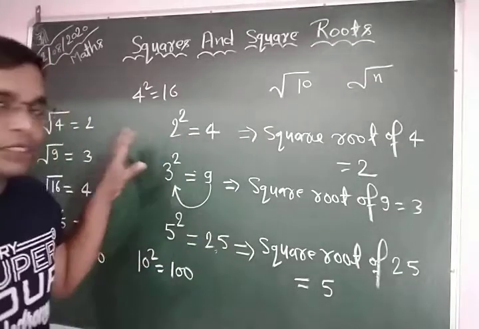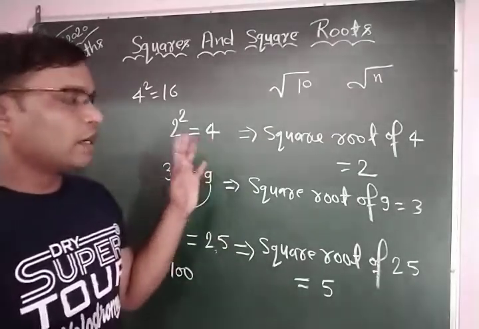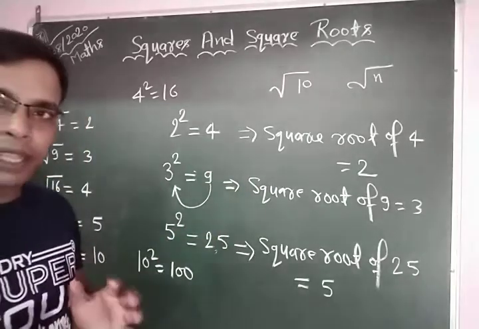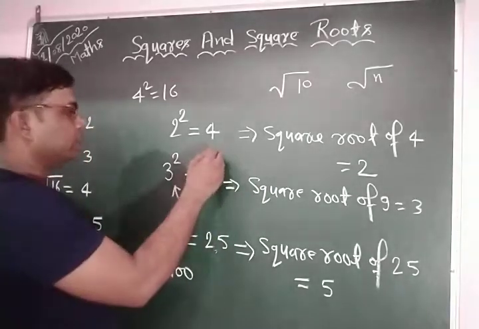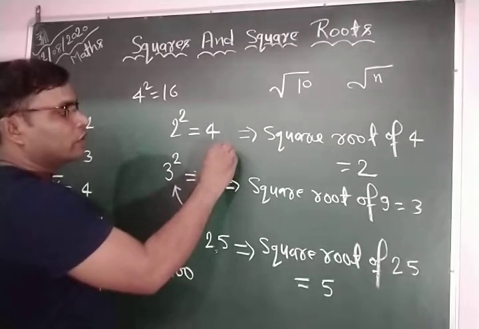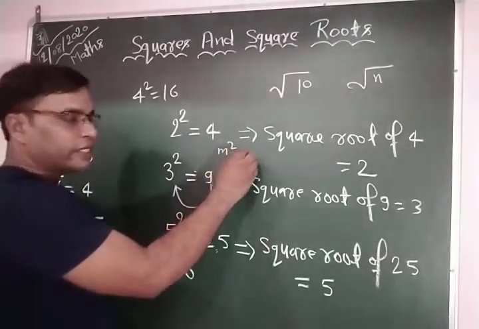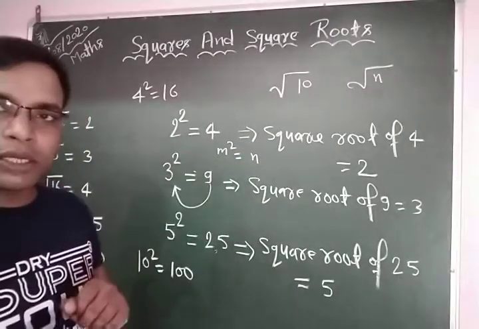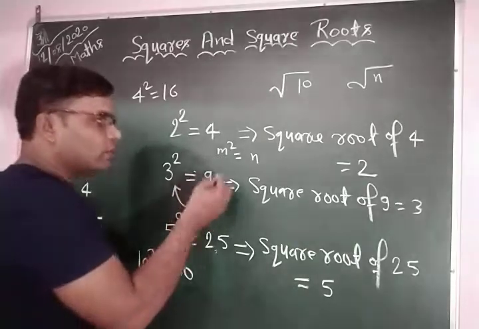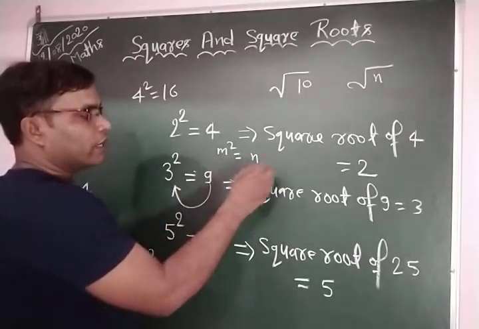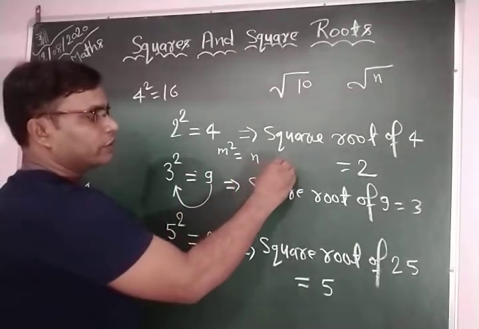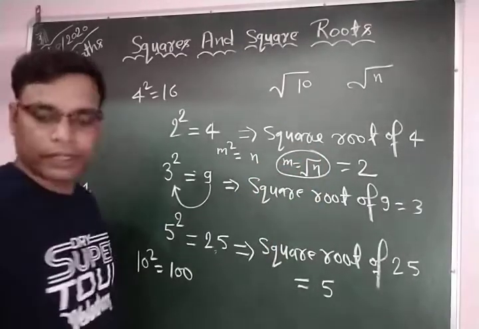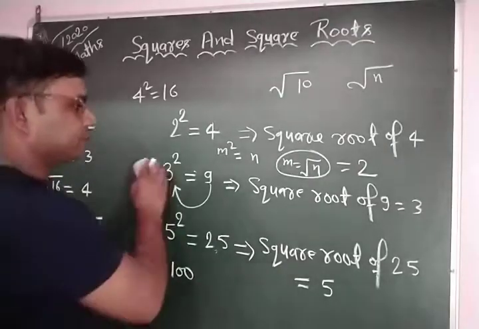Okay, so students, all of you understood how to find a square root. What is a square root? Suppose any number m whose square is n. Any natural number m whose square is n. So the square root of n is m. Let's see again.